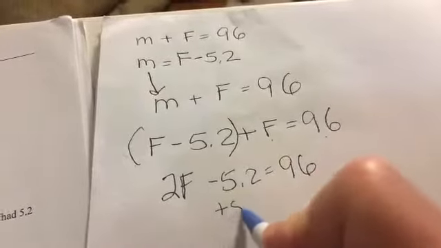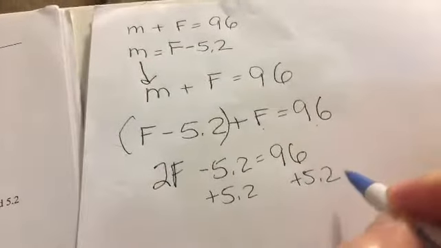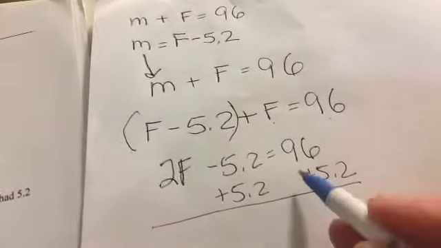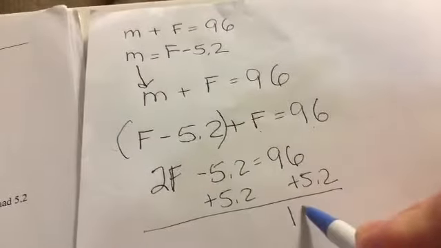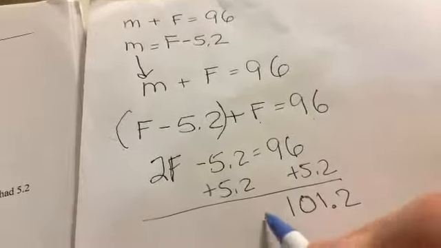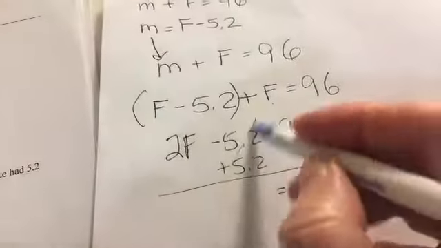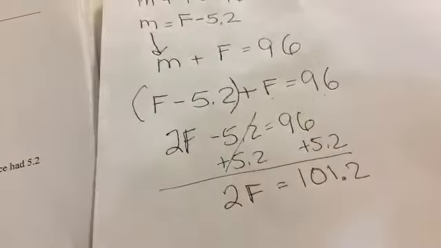I will add 5.2 to both sides. Remember to line up your decimal when you're adding numbers. So that's going to be 101.2. And then on the left, this cancels out. So now I just have twice Facebook.